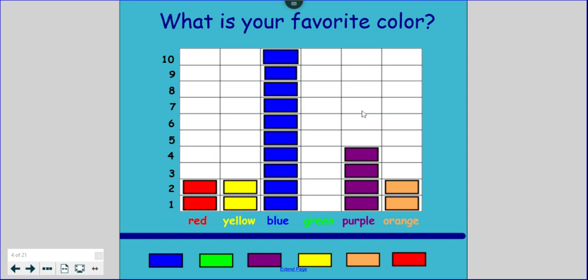We're going to look another time at our favorite color graph that we made while we were still at school. Take a moment and think about which color did the least amount of students choose as their favorite color. Which color has the least?